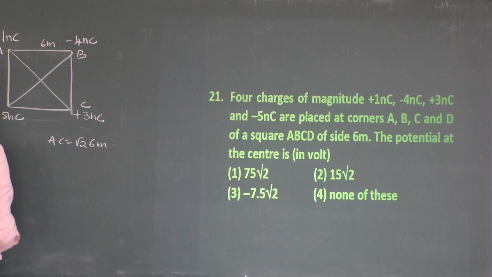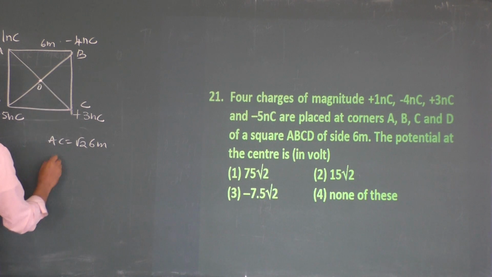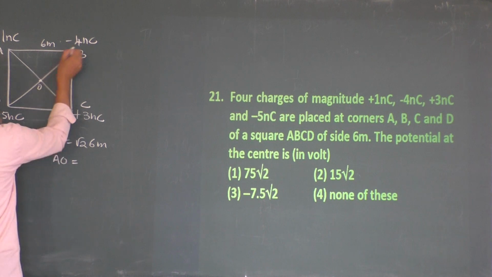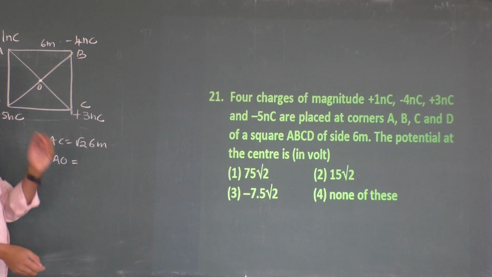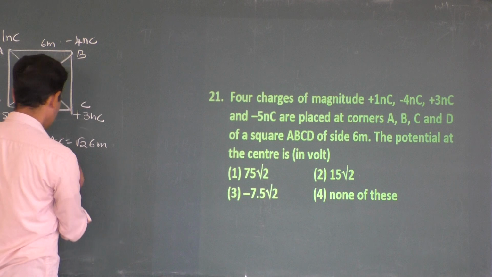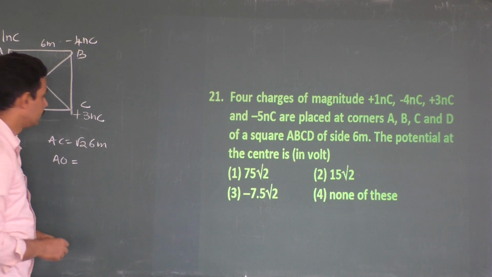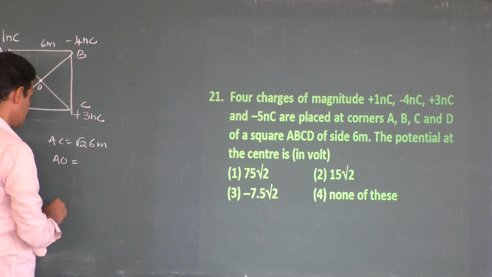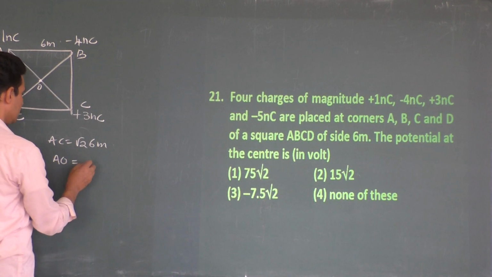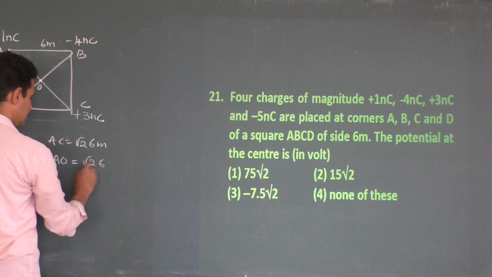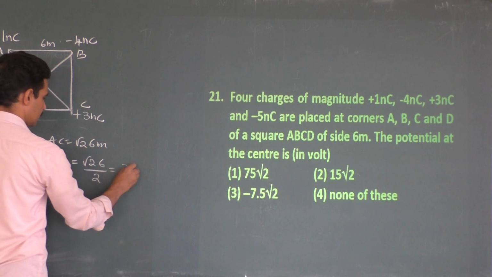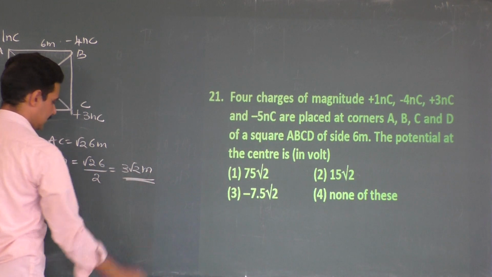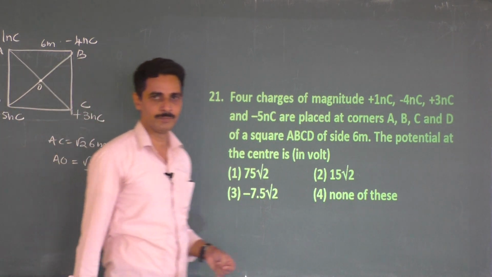AO, the distance from every corner to the center, is root 2 into 6 by 2, that is 3 root 2 meters.